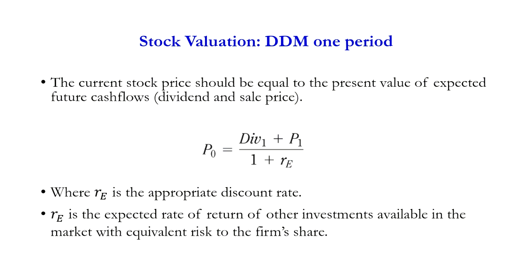So this is the formula that we get for valuing stock at time 0, or today. And again, RE is the equity cost of capital, which is the appropriate discount rate to calculate the present value of Dividend 1 and the price at the end of year 1.